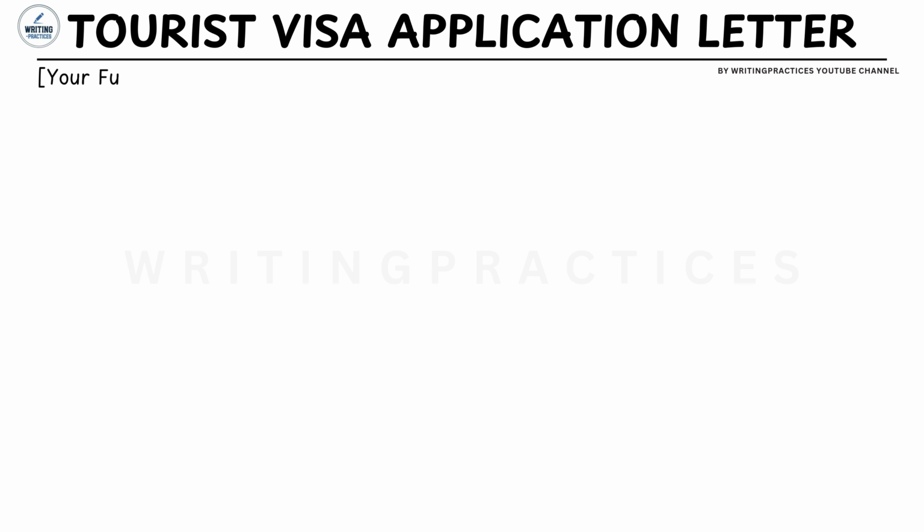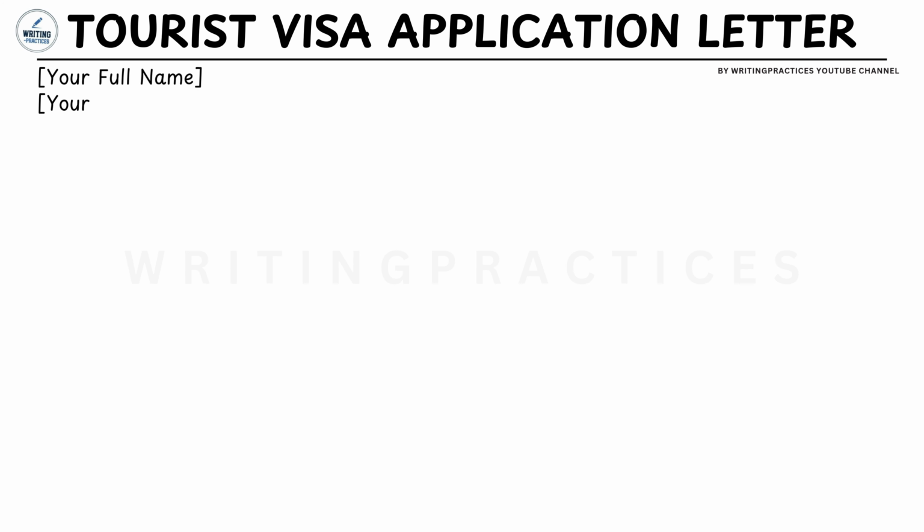Let's get started. Sender's information. Identifying yourself. The first part of the letter includes your personal details at the top. These details help the embassy or consulate identify who you are and how they can contact you if needed. Your information should include your full name, your complete address, including city, zip code, and country, your email address, your phone number.